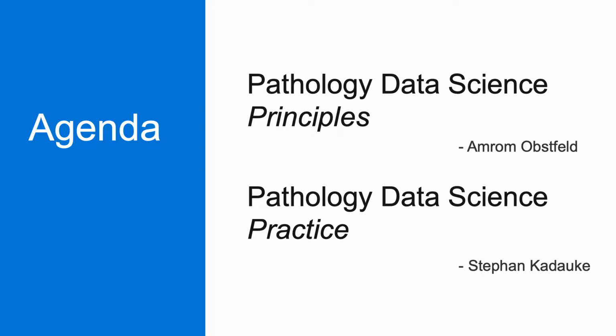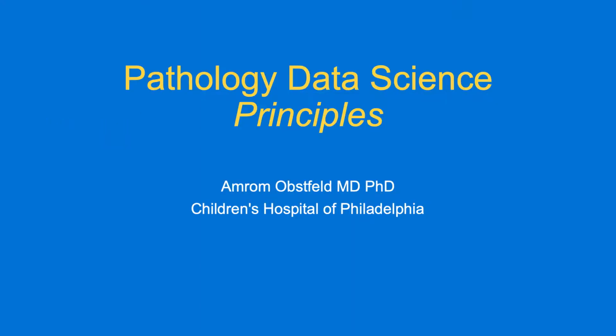And then Stephan will take over in the latter half of the session, and we'll discuss in more practical terms how we've actualized this at University of Pennsylvania, Children's Hospital of Philadelphia, and with the trainees and faculty at HUP as well. So without further ado, the principles of pathology data science.